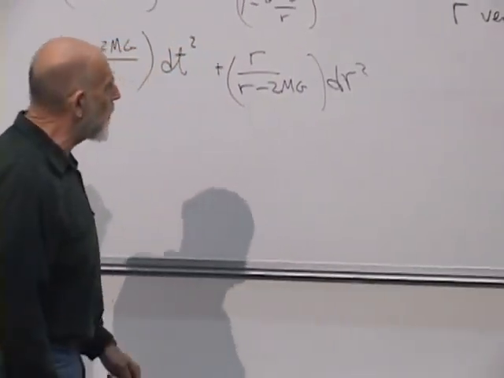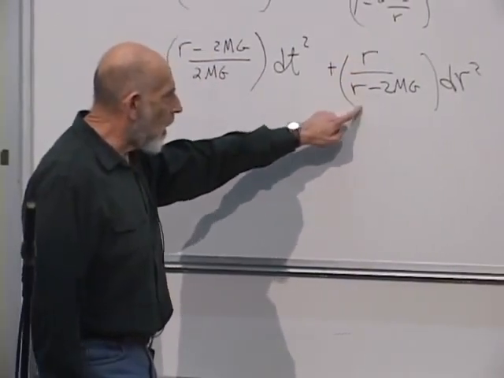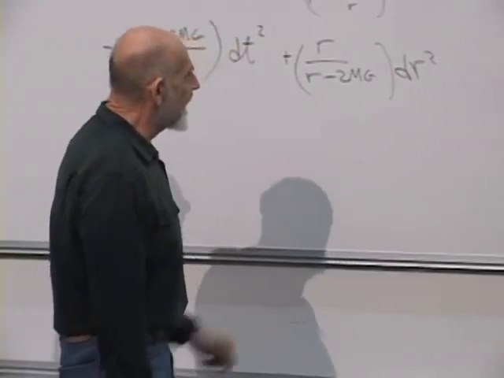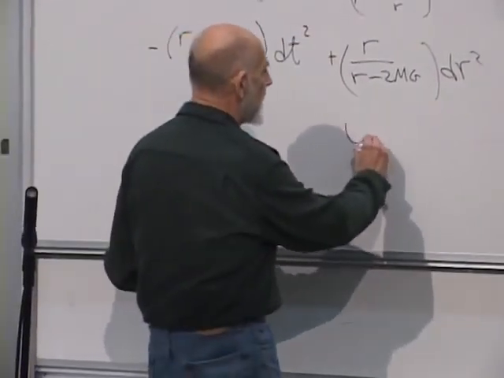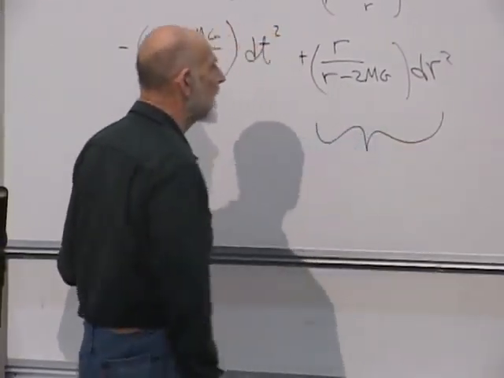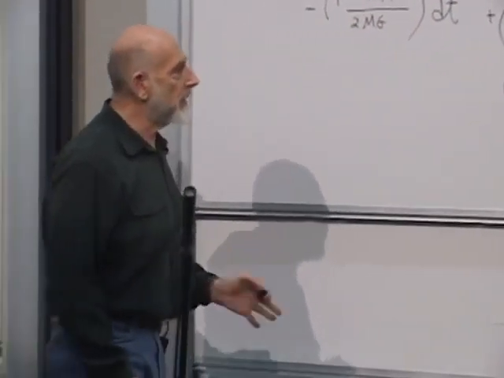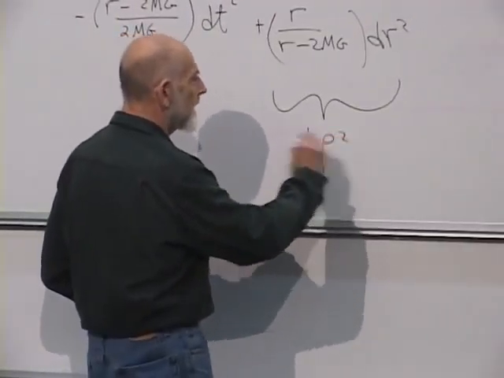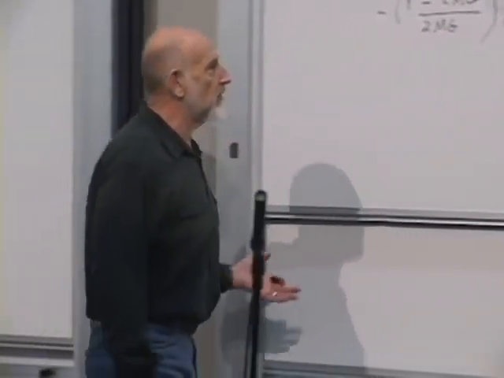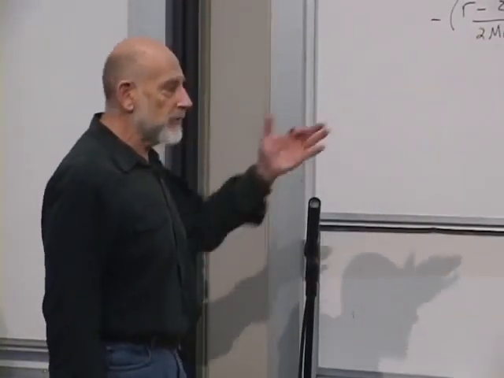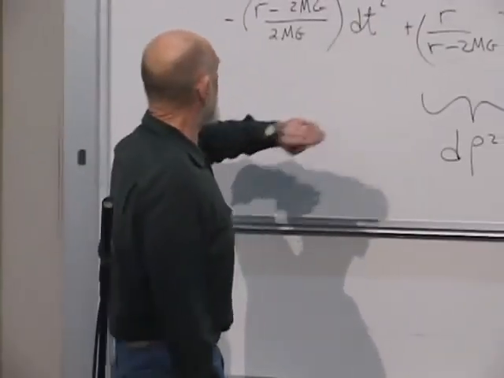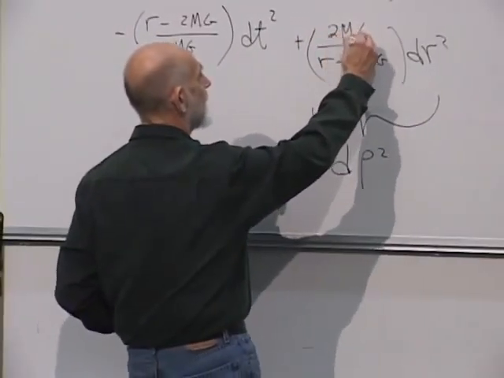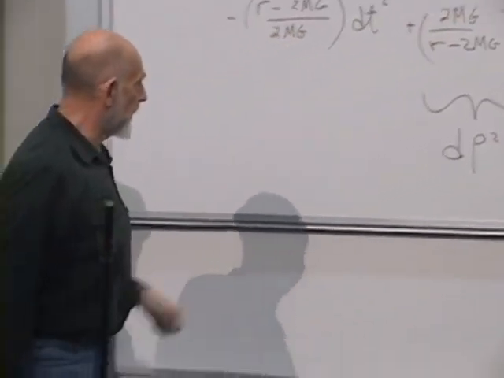I'm going to change coordinates from r to a new coordinate, which I'll call rho, in such a way that this whole thing here, and we'll see how to do this in a moment, is just called d rho squared. Now, how can I do that? How can I say that this is, whatever it is here, oh, sorry, this should be 2mg here, right? 2mg in the numerator.